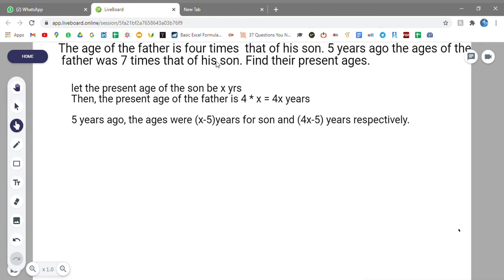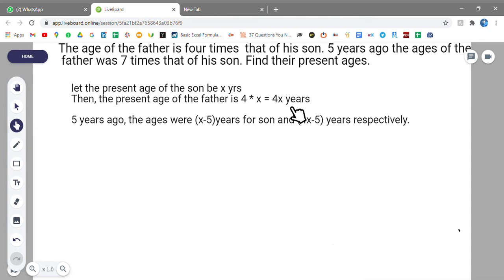Seeing the second part of the problem, 5 years ago the age of the father was 7 times that of his son. I am not taking the full second part, I am just taking 5 years ago. So before 5 years, what were their ages? Today if the age of the son is x years, the age of the son 5 years ago will be x minus 5 years.